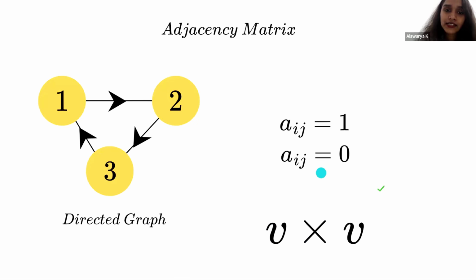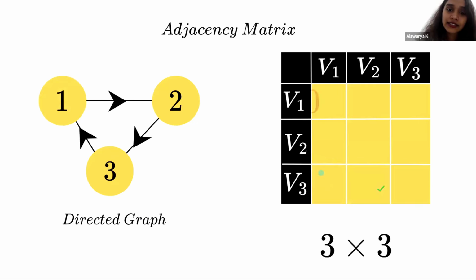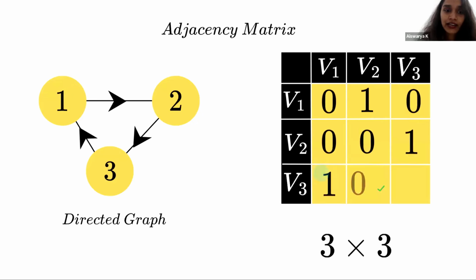And if we write 1 for the edge weight in the adjacency matrix, then it means there is an edge from that node to the other node. So in this graph, we have an edge from node 1 to 2. So from 1 to 2, we have 1. As this is an unweighted graph, we have 1 here. All the edges have equal importance.